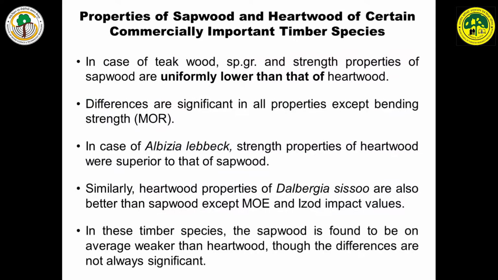In case of Albizia lebbeck, all the strength properties of heartwood were superior compared to sapwood. Similarly, heartwood properties of Albizia sisu are also better compared to sapwood, except MOE and impact bending values. So in these species, the sapwood is on average weaker than heartwood, though the differences are not always significant.